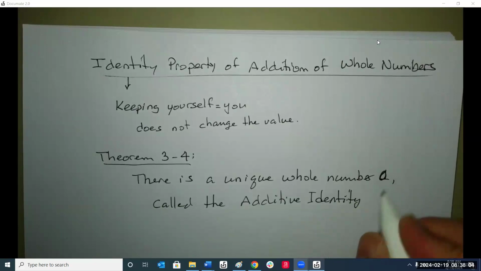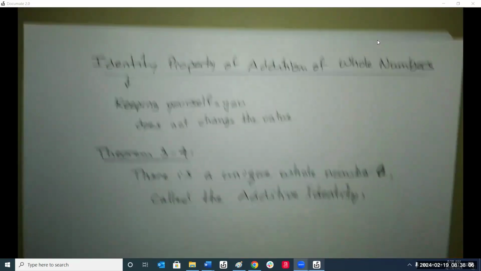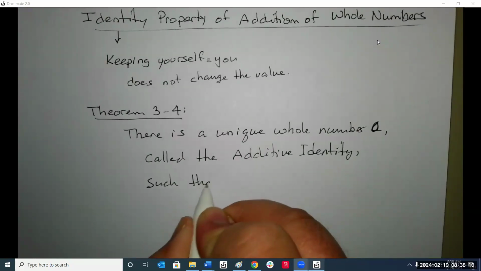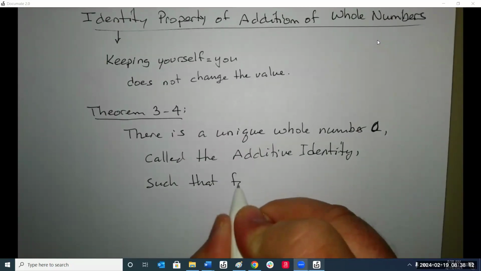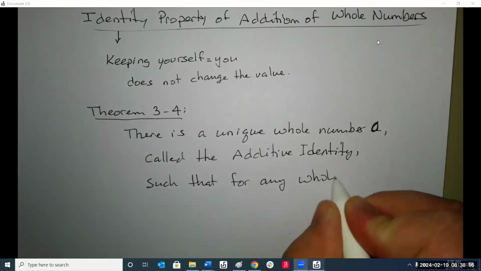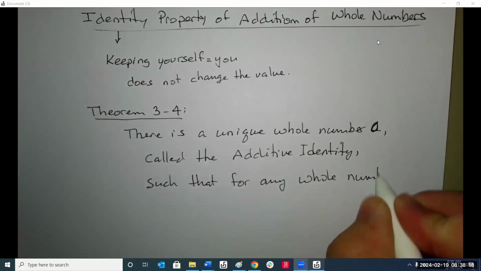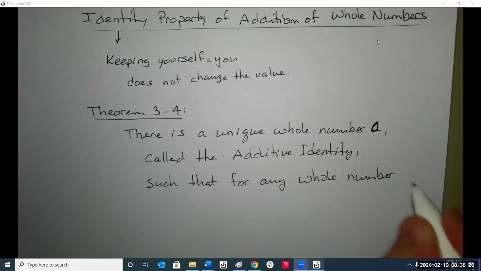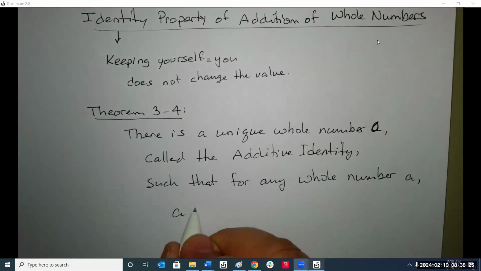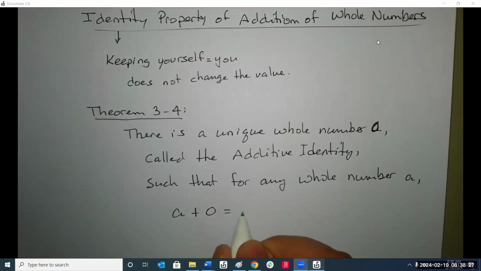such that for any whole number a, a plus 0 is a.